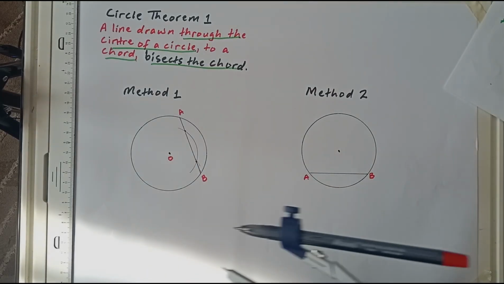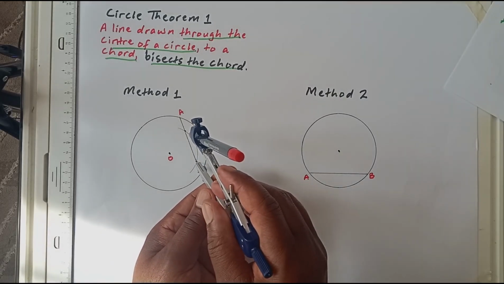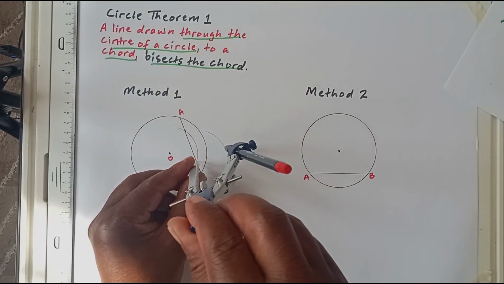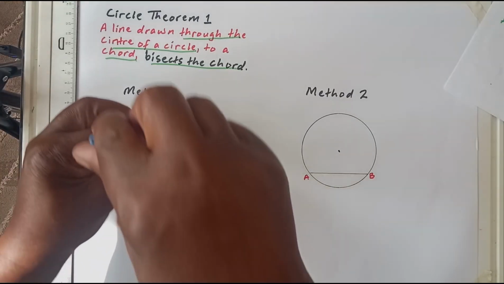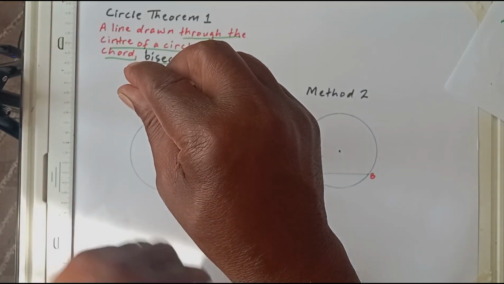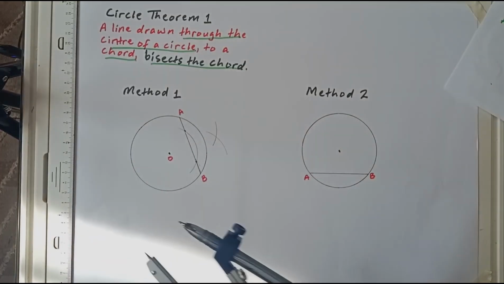So using those crossing points, we can open our compasses to any radius or use the same radius. We strike an arc this side. After striking the first arc, we don't change the radius. Then we change the compass point position to that crossing point. We strike another arc.